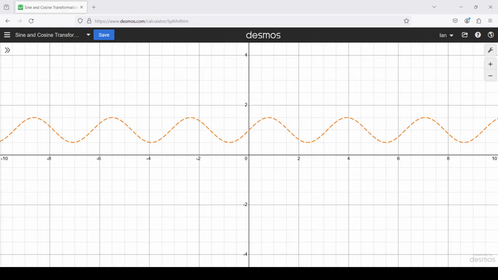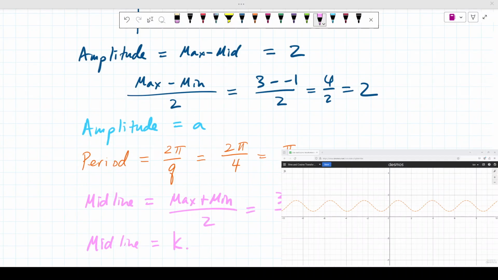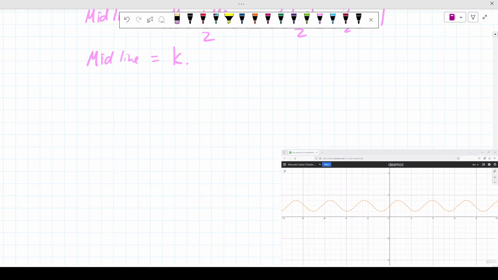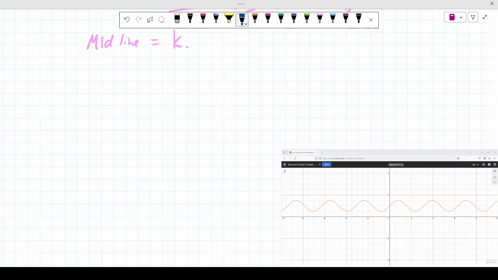Now let's suppose that we were asked to find the equation of this sinusoidal here. We could find it using sine or cosine. Let's suppose they tell us to use sine, but we could take our pick. Let's just call this find the equation.